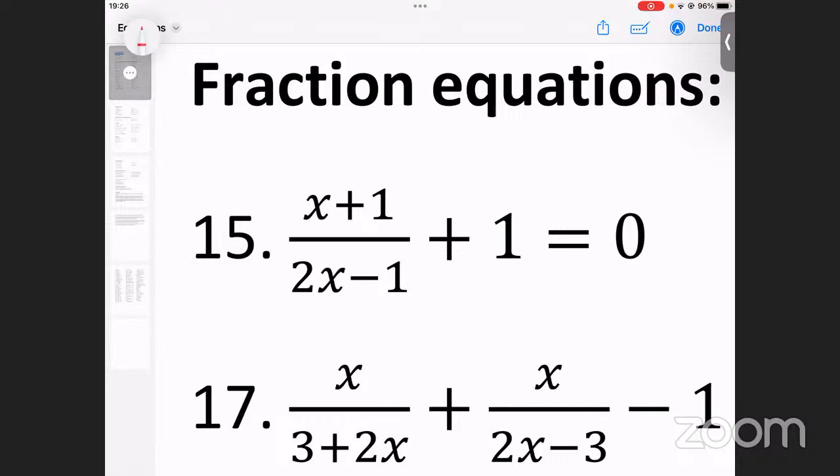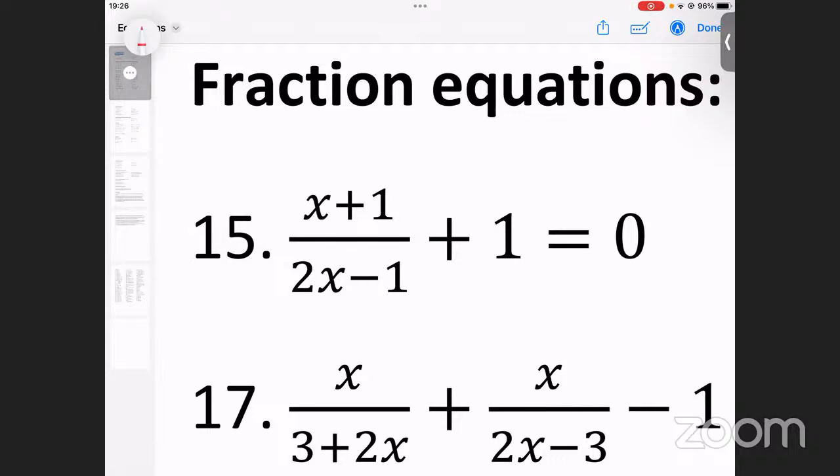So what needs to be done? You first have to find the LCD so that you multiply each term by the LCD. Okay. What would the LCD be in this case? 2x minus 1. Okay. Then what are you going to do with that again?